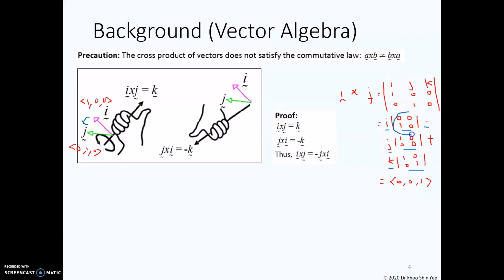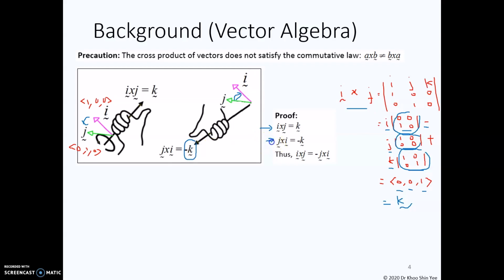When you multiply this item, you obtain 0. This item, 0 plus 0, is still 0. Lastly, for this item, you obtain 1. So this is the result: I cross J is equal to K vector. If you reverse it by taking J cross I, it will be opposite to the K direction.